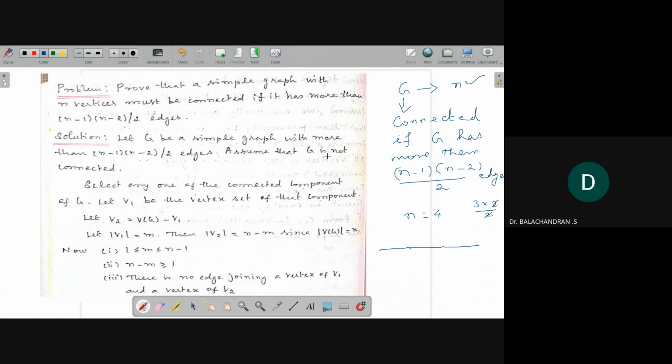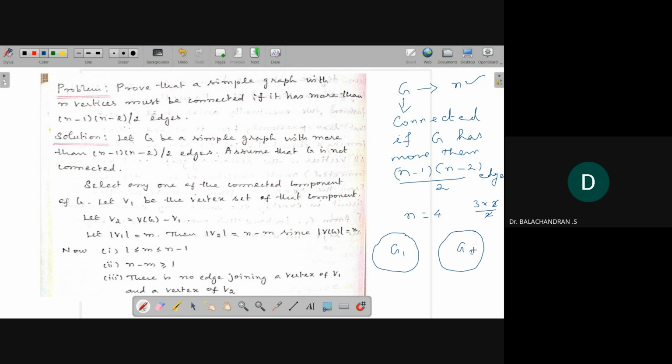If G is not connected, it has at least two components. For example, take the first component G1 and the second component G2.